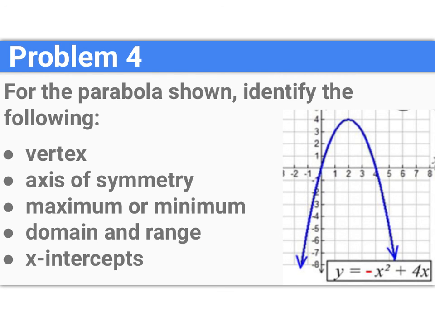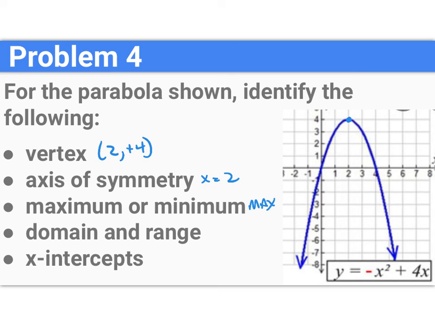Okay, problem 4. For the parabola shown, identify the following. Oh, look at this. We do have a downward facing one. All right, so our vertex is 2, positive 4, is 2, 4. The axis of symmetry, x equals 2. It's a maximum. The domain, you don't start at positive infinity.